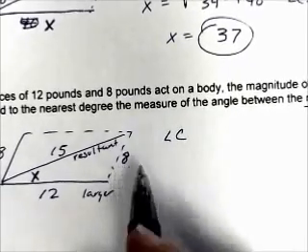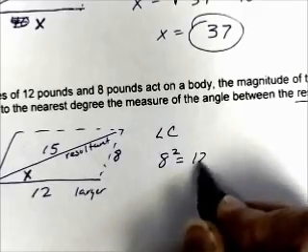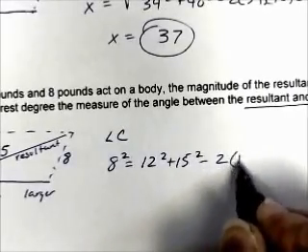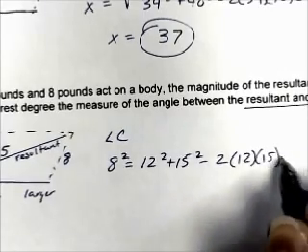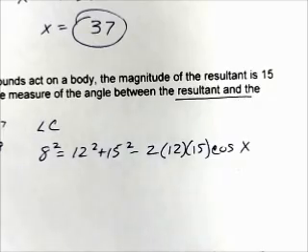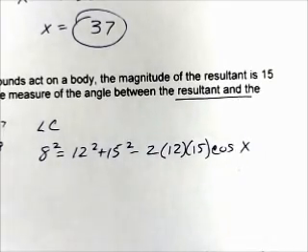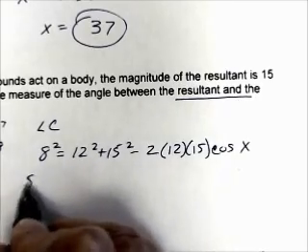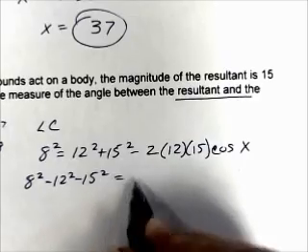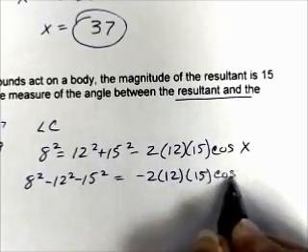So that side of 8 squared is equal to the sum of the squares of the other two sides, minus twice the product of those two sides, and the cosine of our angle. Here we're trying to first isolate cosine x, so let's get rid of the addition, so subtract. So we have 8 squared minus 12 squared minus 15 squared equals negative 2 times 12 times 15 times cosine x.